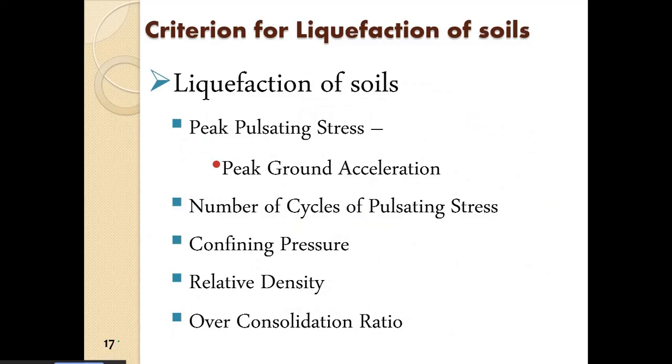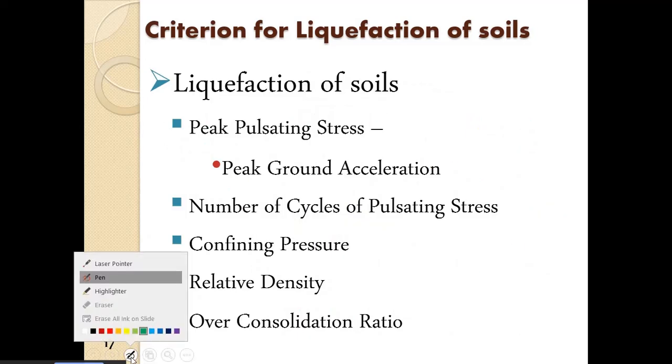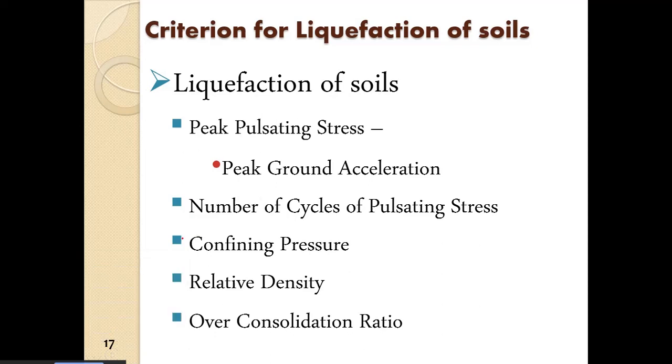So we can summarize the various factors. What are the various factors for liquefaction? Obviously, the peak pulsating stress, which we have found out, and it is correlated to the ground acceleration. All right. So earthquake acceleration, what is the Amax? So peak ground acceleration, so peak pulsating stress.